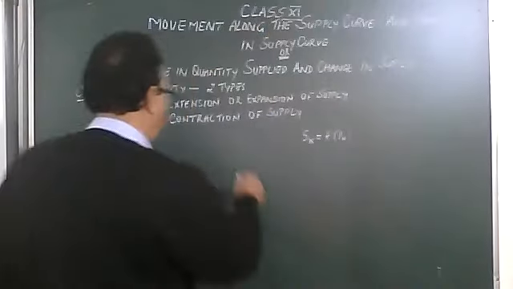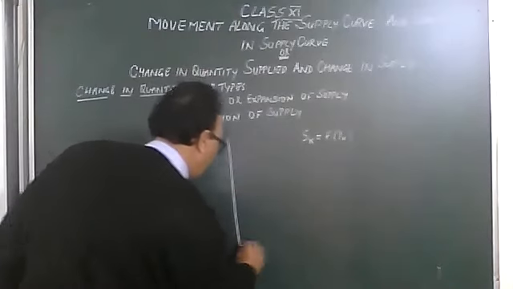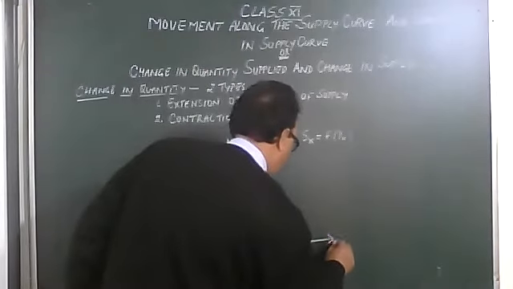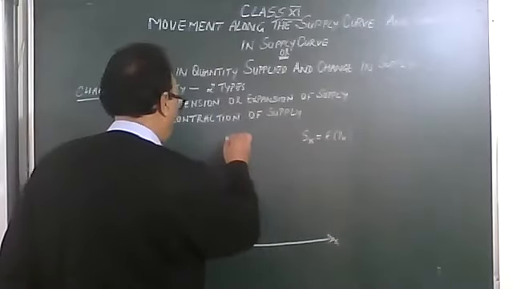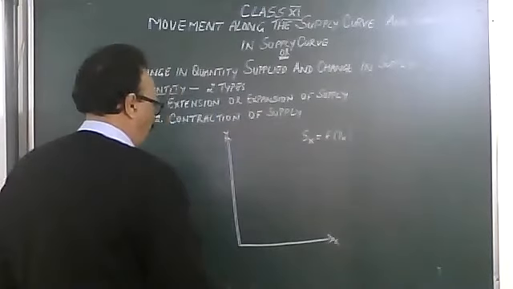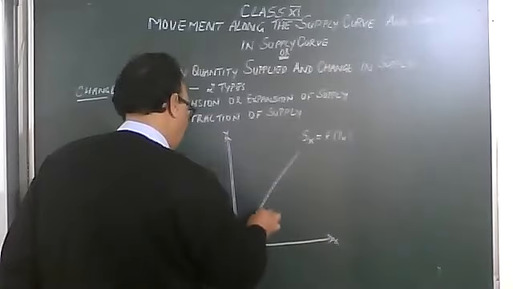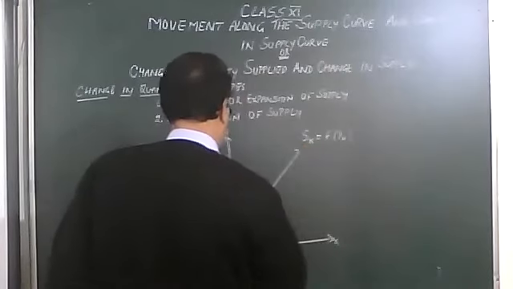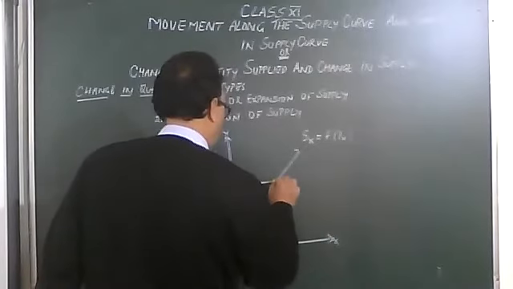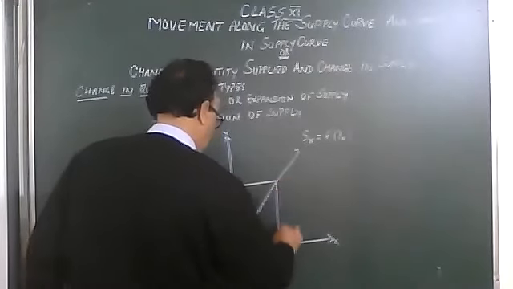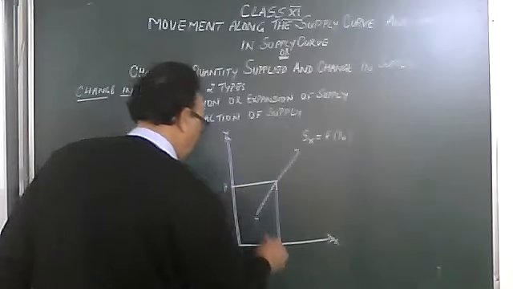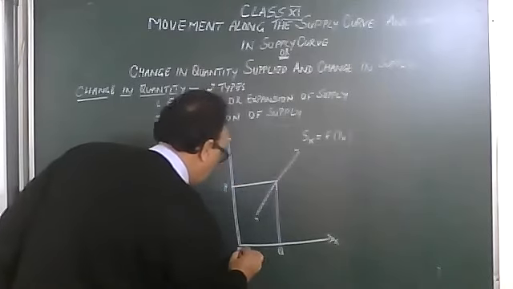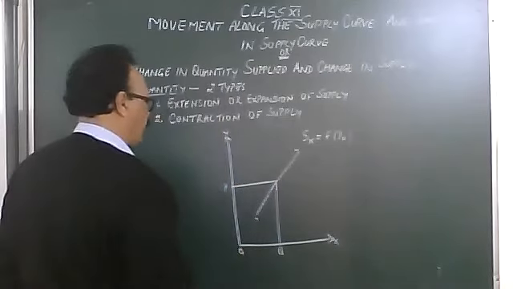The diagram for that would be: we have an upward rising supply curve. When the price is this much, the quantity is this much.